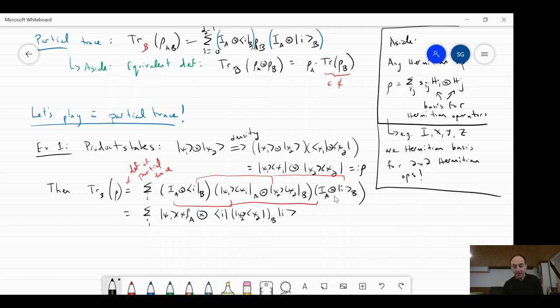And so a few things now. First of all, the first term here doesn't depend on the index i, so I can factor it out. So I get psi1 on A, and here I get the sum over i.